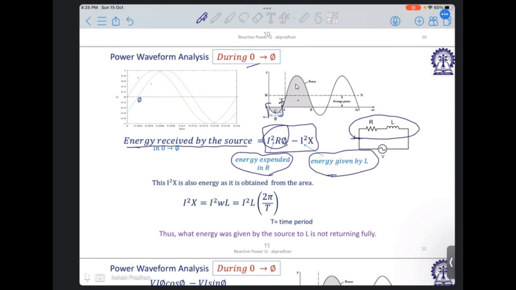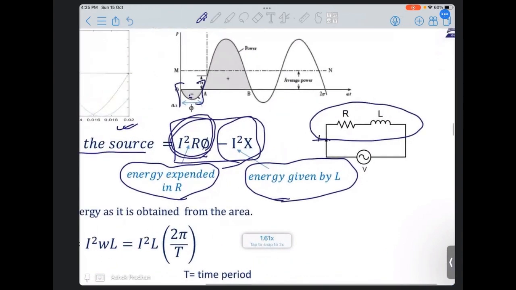What does it mean? Everything positive is taken from the source, and everything negative is given to the source. So this part is given by the inductor. This part is consumed in the resistor, which will multiply phi, and the rest goes to the source. From this explanation, whatever the inductor gives, it acts as the source now, and this acts as the sink, or load.